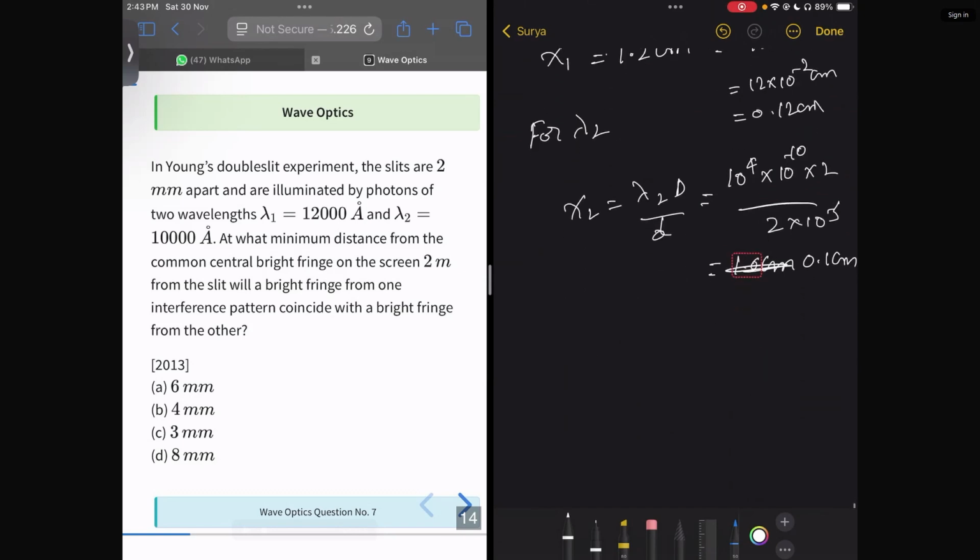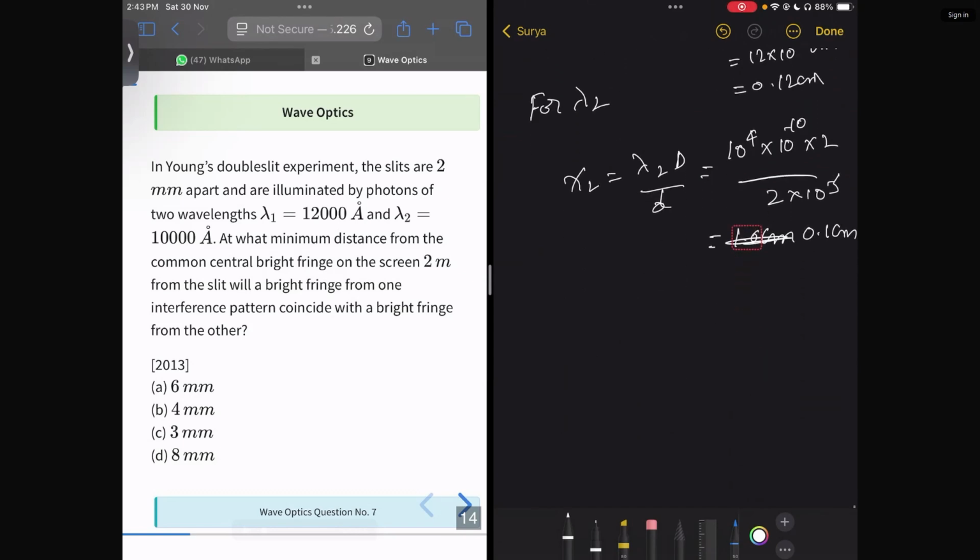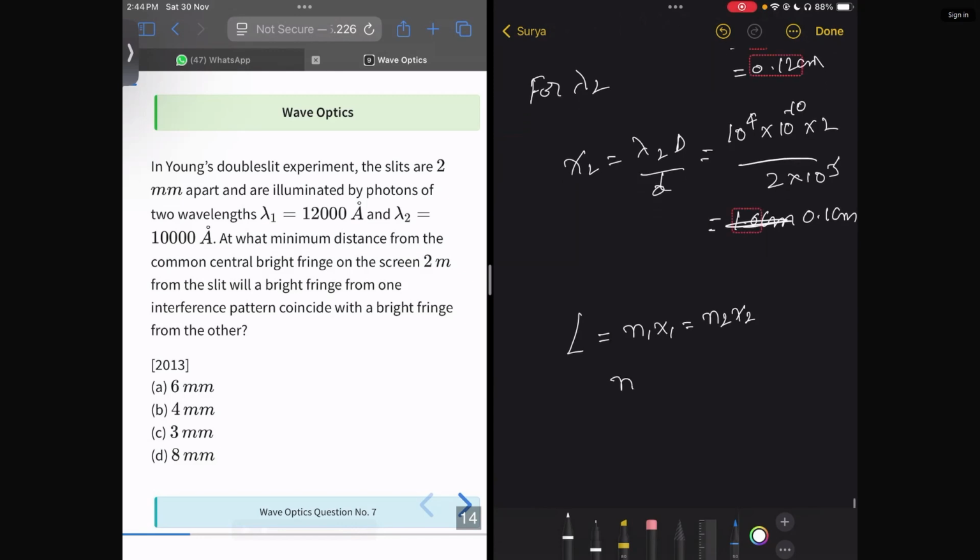The bright fringes will coincide at the smallest distance where an integer multiple of x1 is equal to an integer multiple of x2. So L is equal to n1 x1 is equal to n2 x2. So n1 by n2 will be x2 by x1, which is 0.1 divided by 0.12, that is 5 by 6.